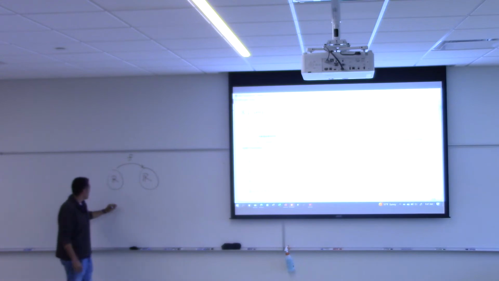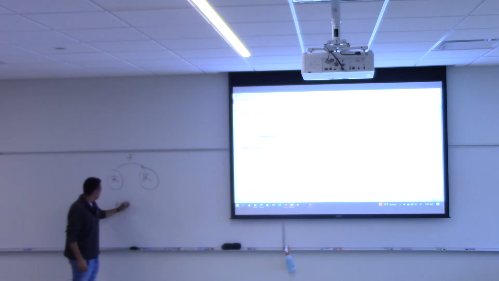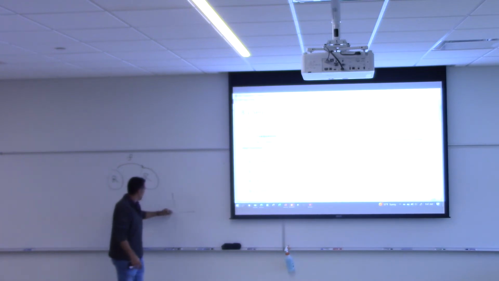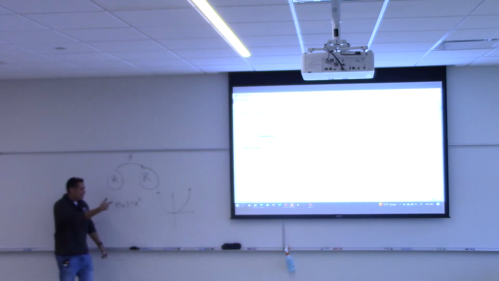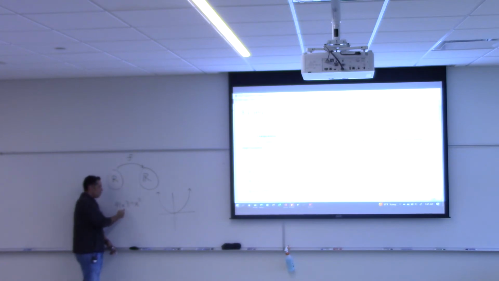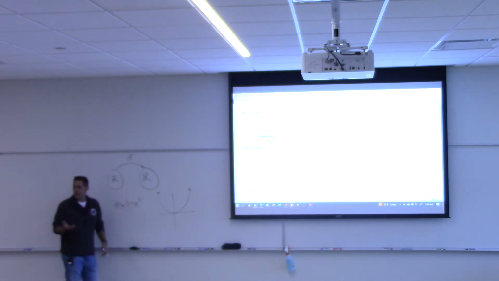So if I give you something like f of x equals x squared, then when we take a look at the graph of this, it looks like this. That picture represents what would happen if you start plugging different values in here. Plug 0 in, you get 0. Plug 1 in, you get 1. Plug 2, you get 4. But you can also plug in 1/2.